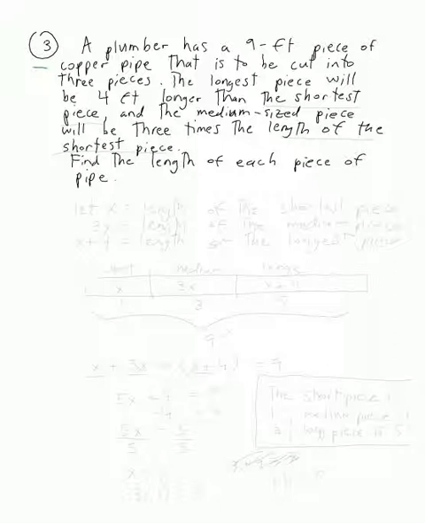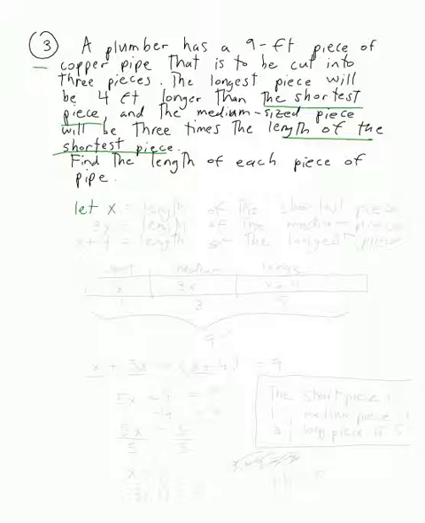Now notice that the shortest piece is mentioned at the end of the first part and also the end of the second part. It says the longest piece will be 4 feet longer than the shortest piece, and the medium-sized piece will be 3 times the length of the shortest piece. So the shortest piece is the last mentioned one.